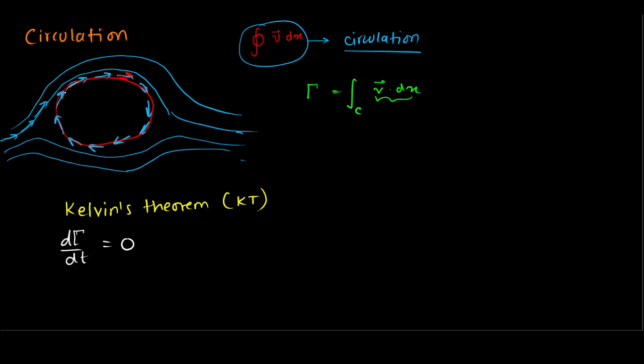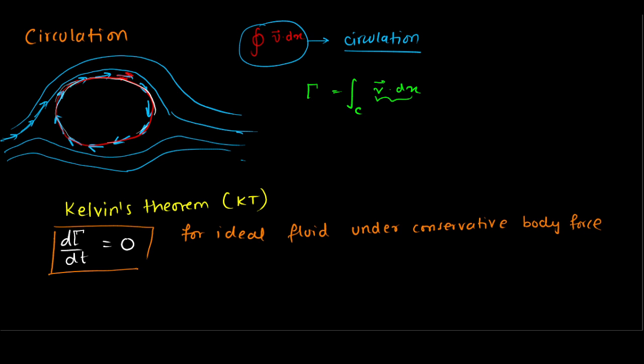Any curve which I choose is a material contour. So for an ideal fluid under conservative body force, we must have the change in circulation as 0. This is what Kelvin's theorem states.